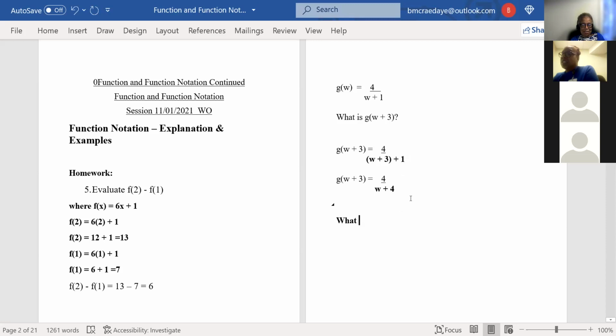All right, now let's try another one. Same one, g of W is 4 over W plus 1, right? Now I want you to find what is g of A minus 6.